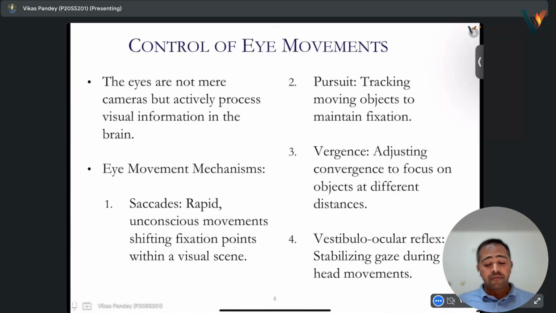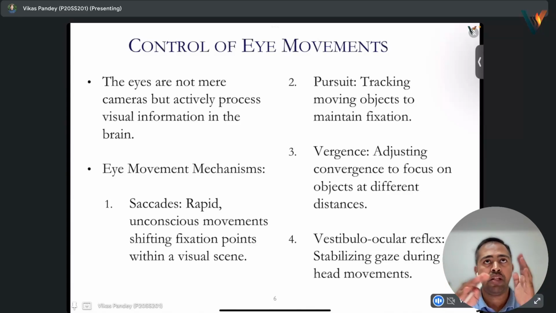Okay, then comes the control of eye movements. So we should not assume these eyes are just cameras that take passive pictures, but they actually process visual information in the brain also. Okay, so there are four eye movement mechanisms: saccades, that is rapid unconscious movement shifting fixation point within a visual scene.